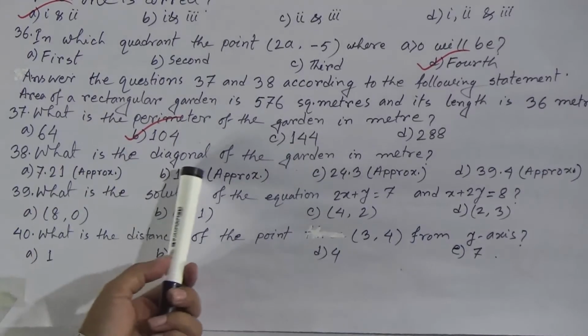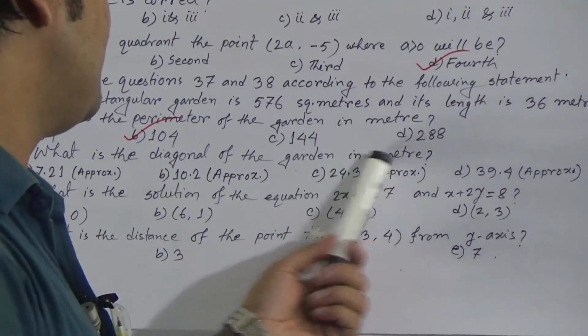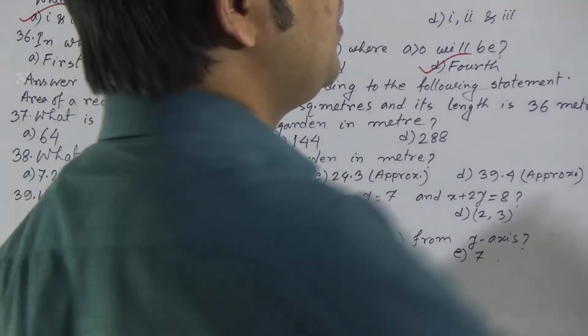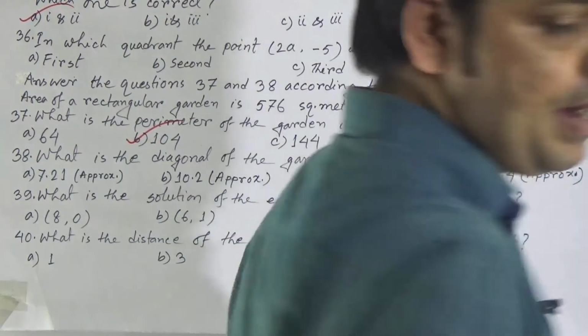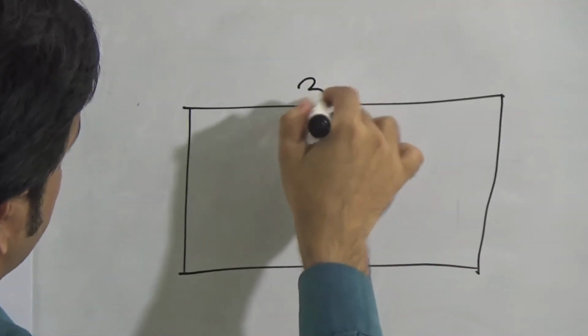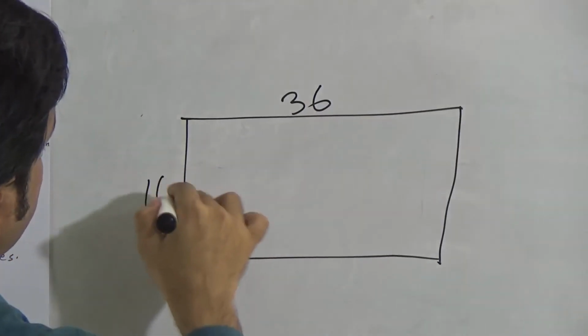Okay, dear students, now see question 38. What is the diagonal of the garden in meters? Dear students, how can we find the diagonal where length and breadth are given? Suppose this is the rectangular garden whose length is 36, breadth is 16.